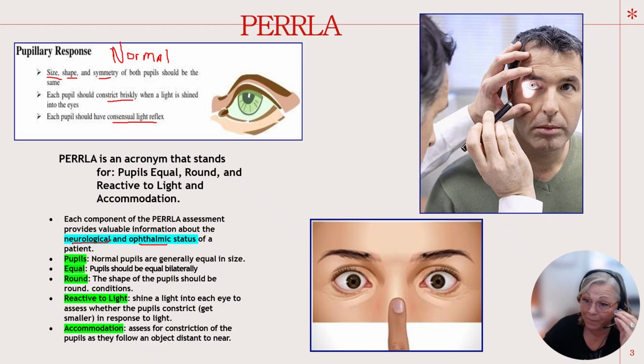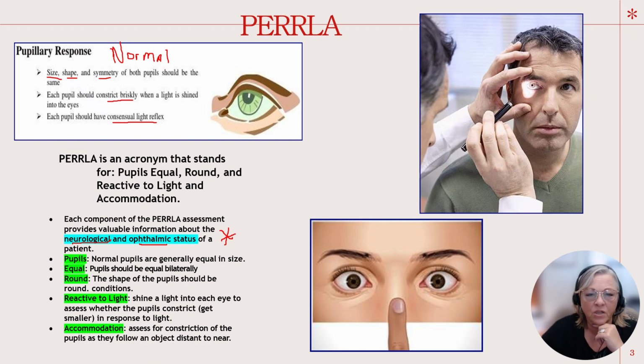So eye muscles and the optic nerve to the eye. So that is also being assessed as well. Some of the findings that we have may be more directly related to specifics of the eyeball and structures itself rather than a direct brain relation. Okay, so when we're doing this, we are 100% assessing neurological and ophthalmic status. You need to know that.